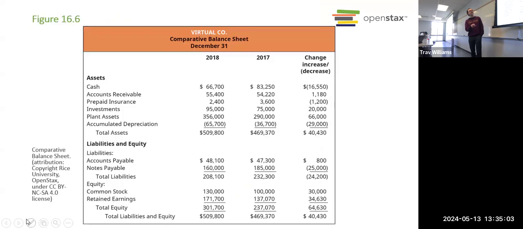And we will find that it did. Last year, it was 83,250. This year, 66,700. It decreased 16,550. So we already knew how much our cash went down by looking at these two balance sheets.